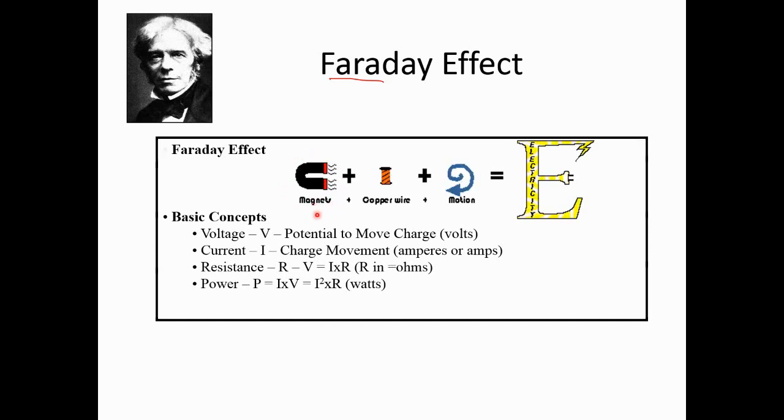If you have a copper wire inside that magnetic field, and you put motion onto the copper wire, what you create is electricity. There will be current flowing inside the copper wire.